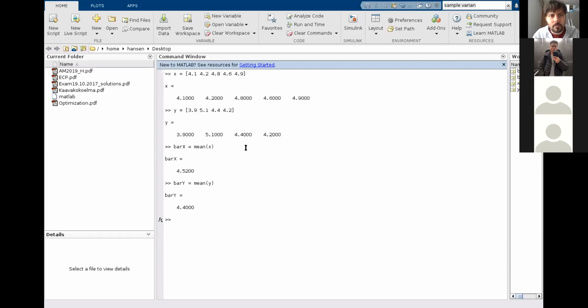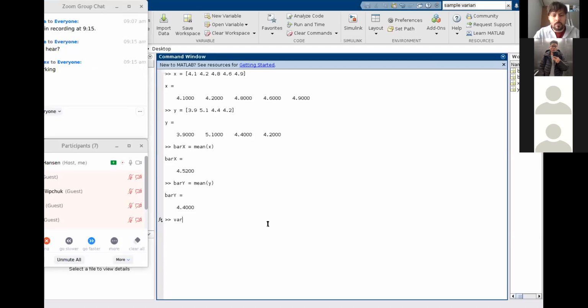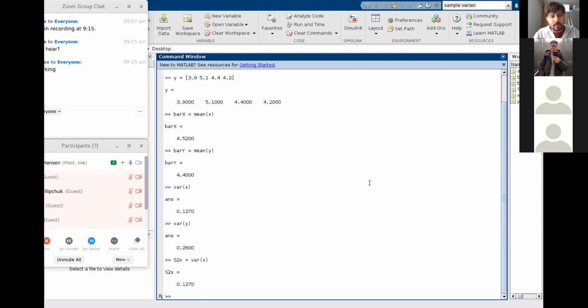Is it just var? Yeah. Okay, so we have the variance of X, variance of Y. All right, good. So S2X is the variance of X, S2Y is the variance of Y, right?